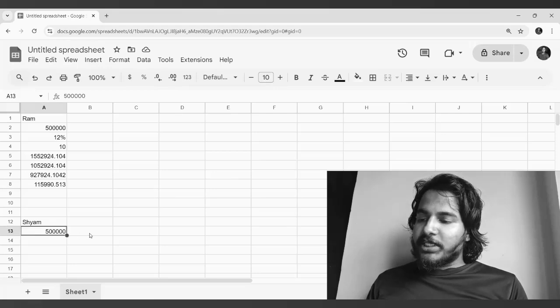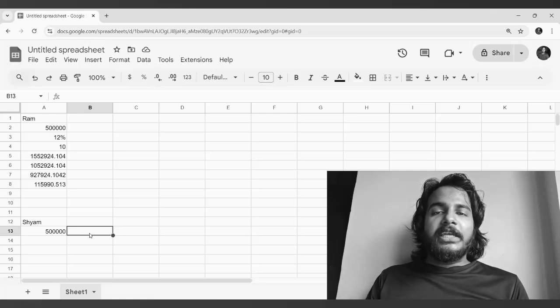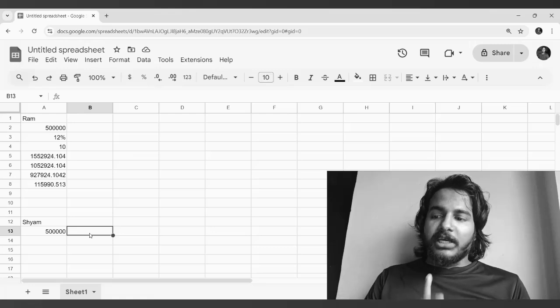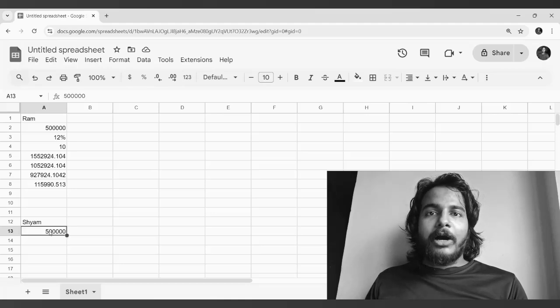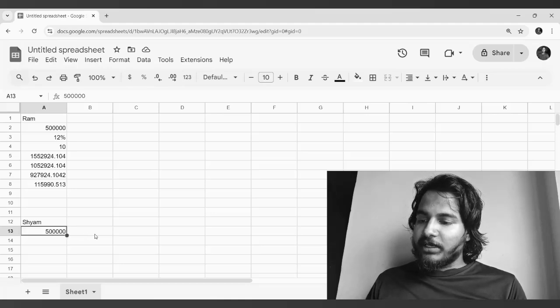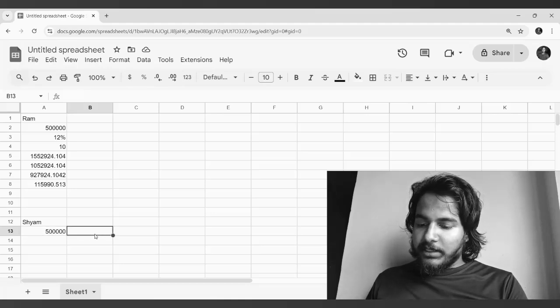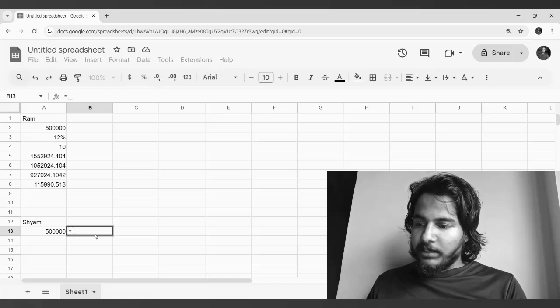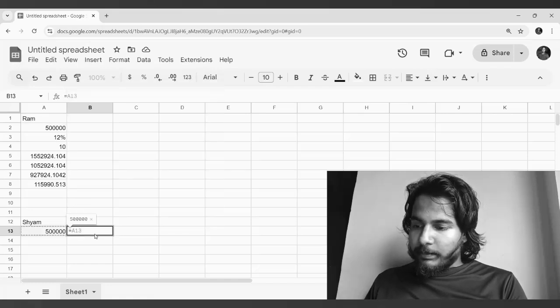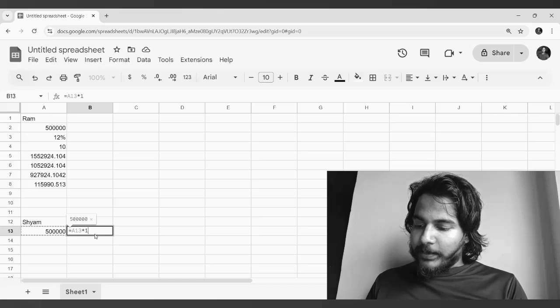Okay, now let's see what is the case for Shyam. Shyam redeemed his value every year. So if this is the amount he invested, after the first year, what is the interest he will get? The interest he will get here is A13 multiplied by 12%.